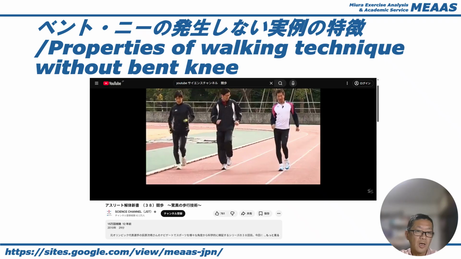I am the main commentator of this movie, and he is the main commentator of the series movie of this movie. So you can see the training of the hip rotation with inside knee forward swing of the knee.